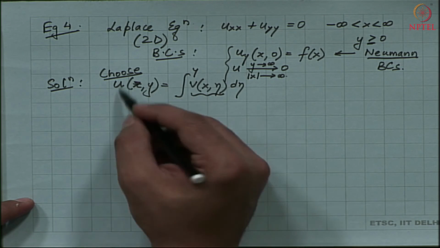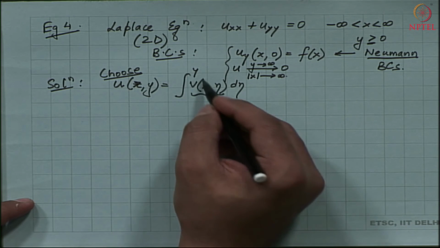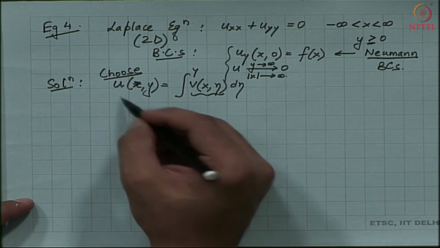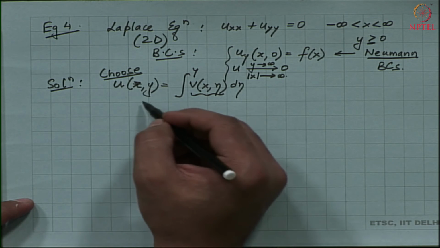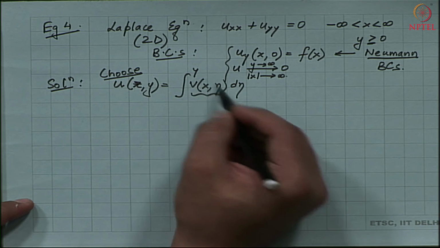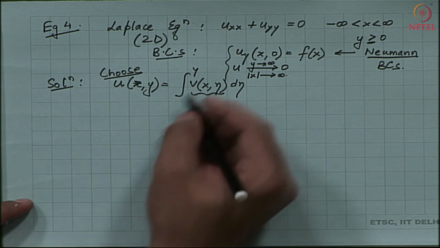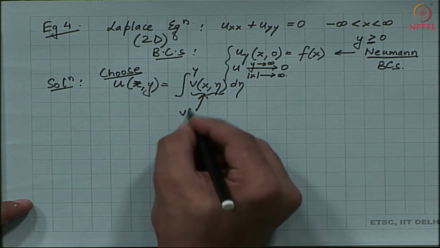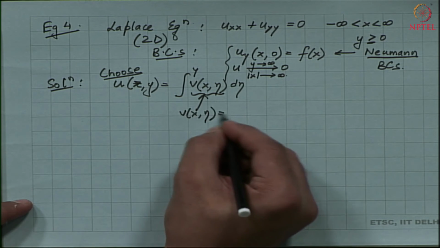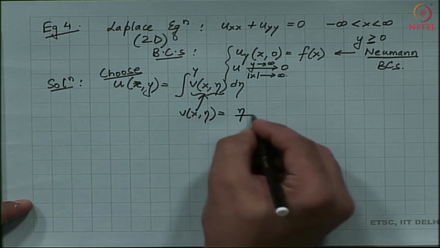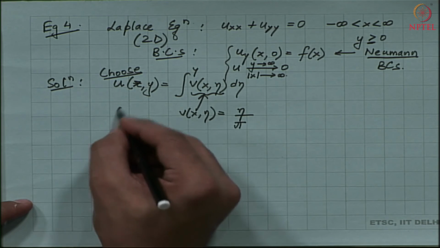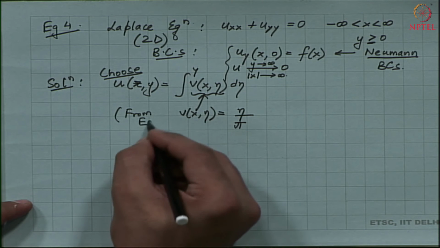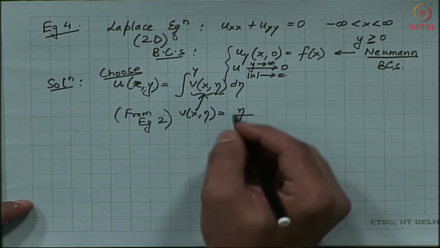So if we were to choose this as my solution, and if v satisfies the Dirichlet condition, then u satisfies the corresponding Neumann boundary condition, because u is the integral of v. So which means we have already found the solution to v. In particular, v of x comma eta is equal to eta by pi. Again, this is from example 2 that we have done earlier.